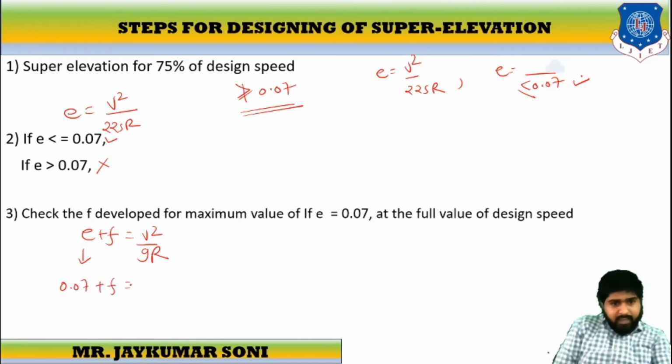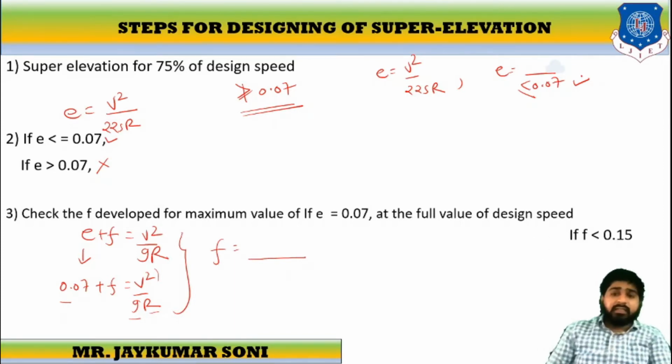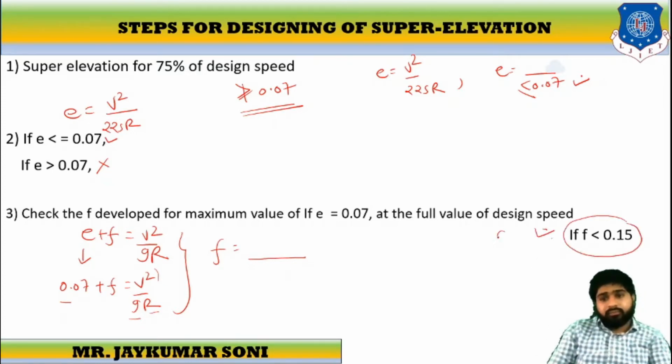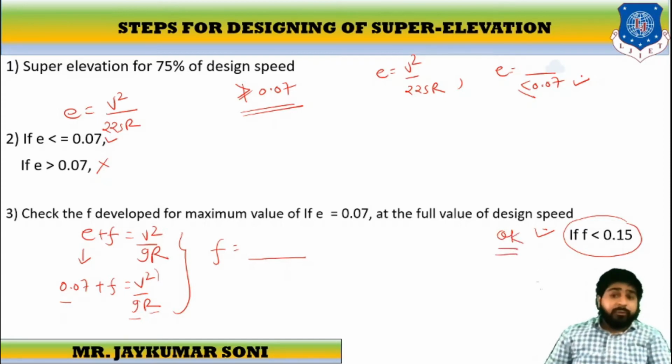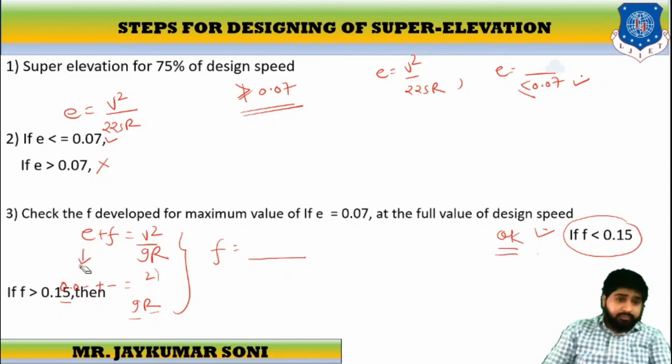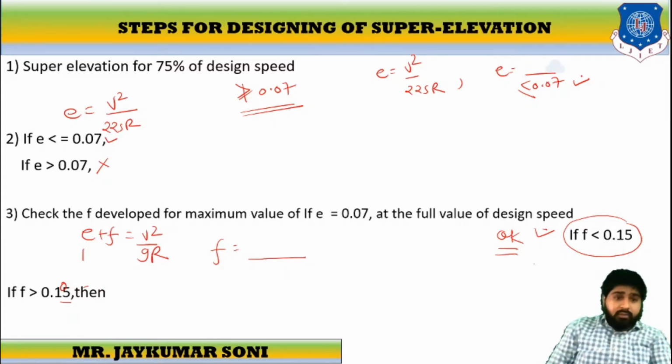Then F is V square by gR minus E. We will have the values of V square, R, g and E, and we will calculate the value of F. Now if the value of F is less than 0.15, then it is okay. But if it is more than 0.15, then there are issues. It should not be more than 0.15.